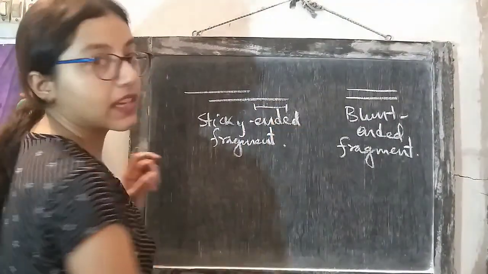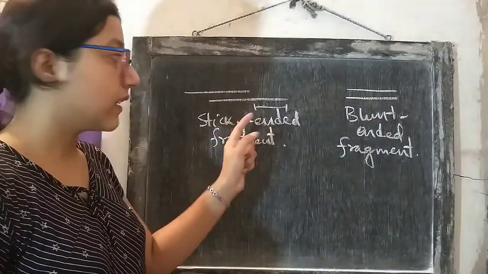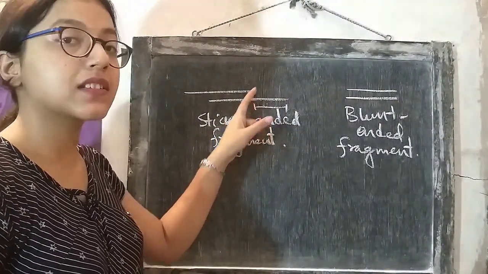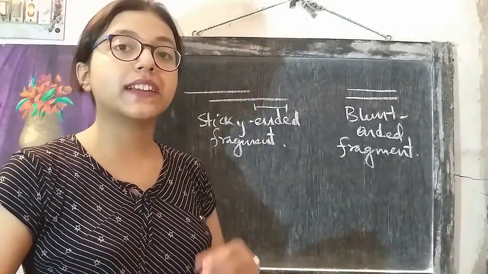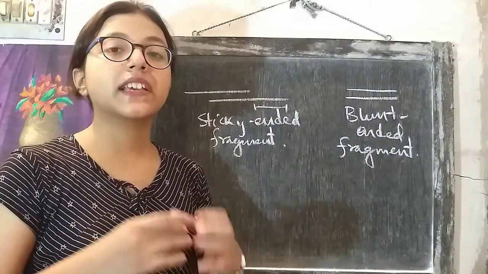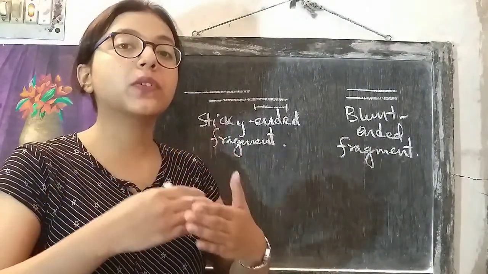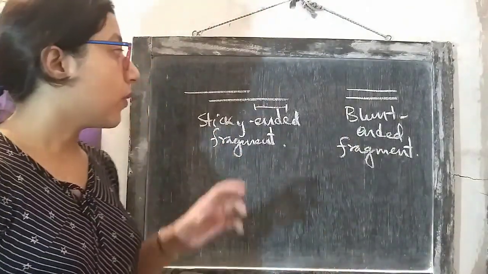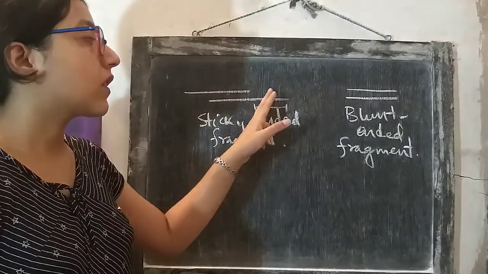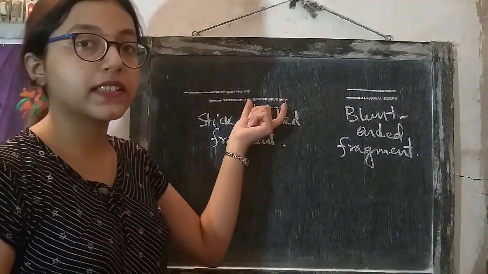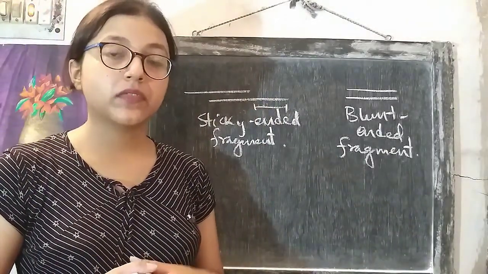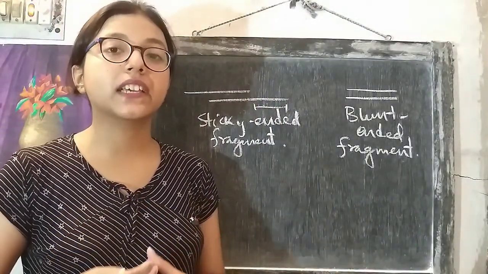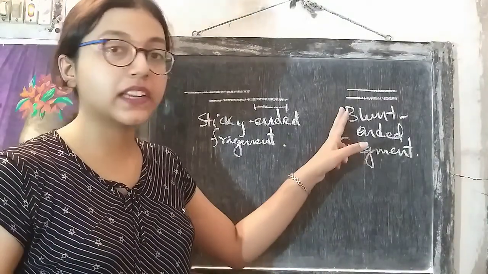This portion of the fragment lacks its complementary strand, so it will always try to find its complementary strand and bind with it, because DNA is very much stable when it is bound to its complementary strand. So when the complementary strand for this portion is available, it will readily go and bind with it. For this reason, sticky-ended ligation is always better than blunt-ended ligation.